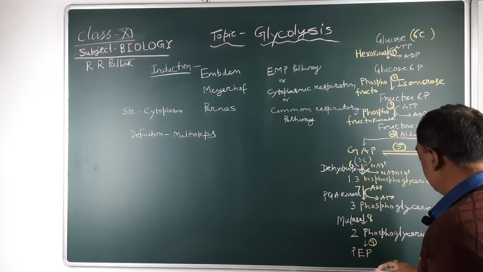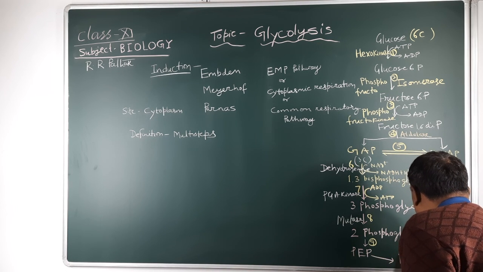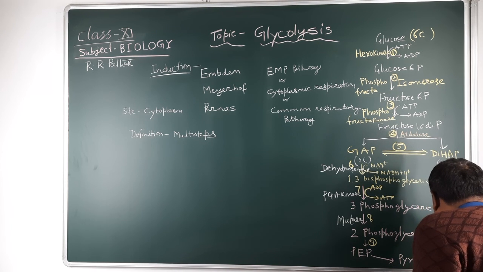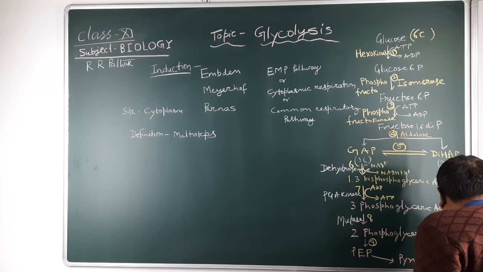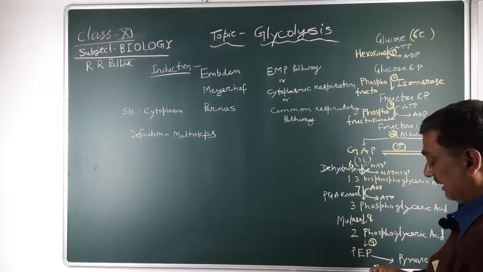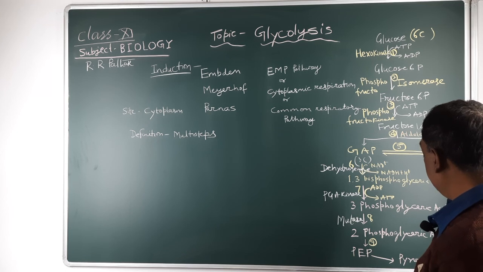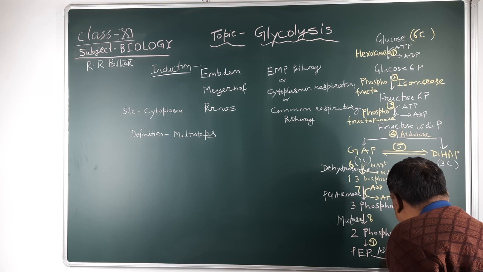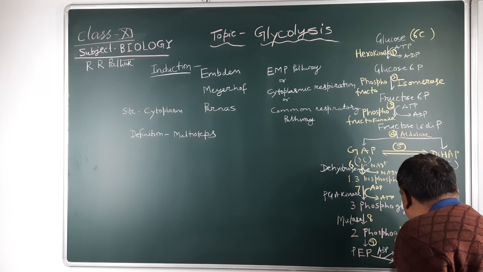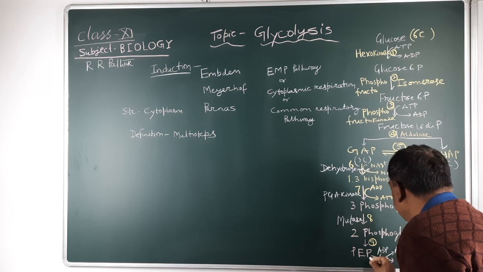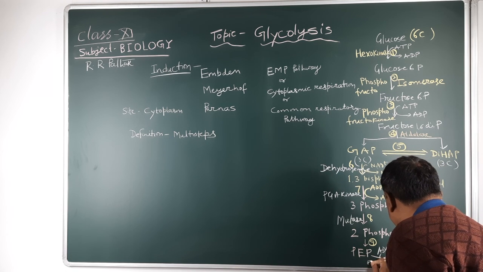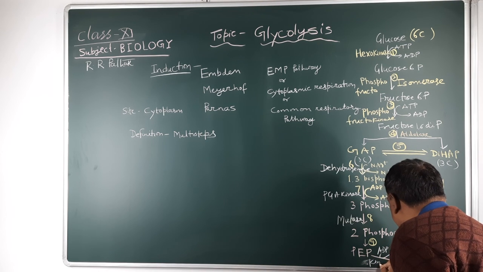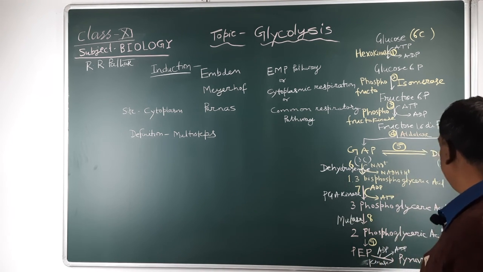And the last product is called pyruvic acid, a 3 carbon compound. Here 1 ATP is produced. ADP combined with inorganic phosphate to form ATP. So it is called PEP kinase or pyruvate kinase. Enzyme is required for this conversion.